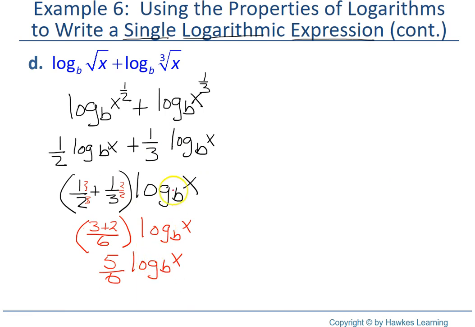And this is one way to do it. Another way would have been to add these exponents up here and then move it to the front. And they'll show you that way too. We're getting to another 20 minutes here, but we're almost finished now.